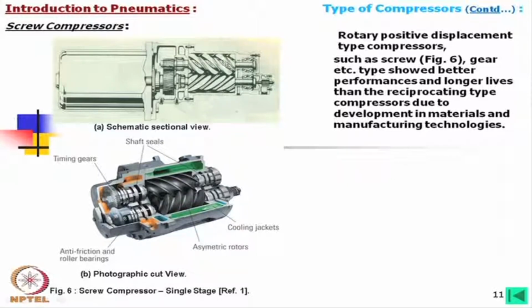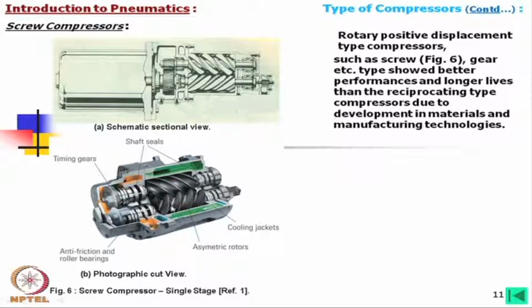Here also two screws are rotating, but these two screws are rotating at different speeds, not at the same speed, and the entrapped volume is being compressed, taken in and going out on the other side. That means inlet and outlet is usually axial in case of the screw type compressor.